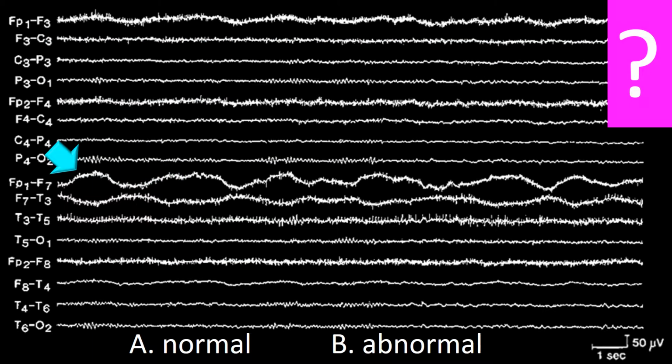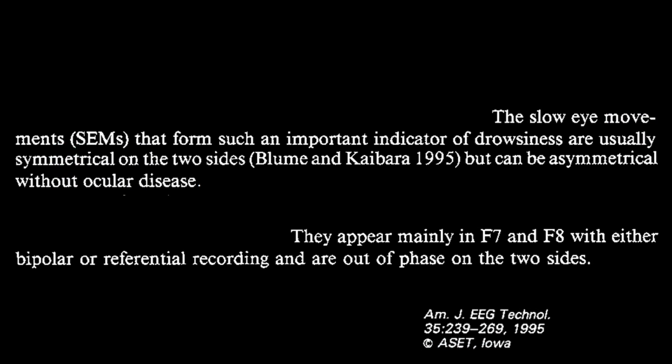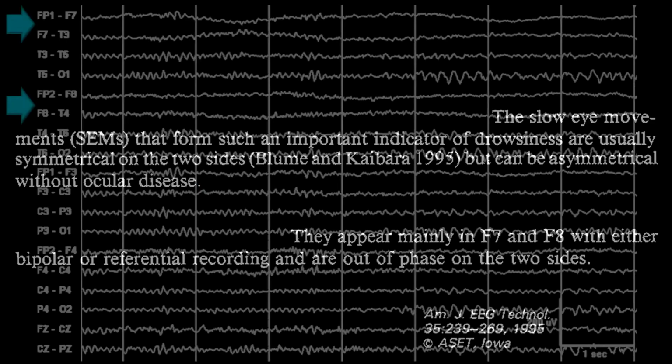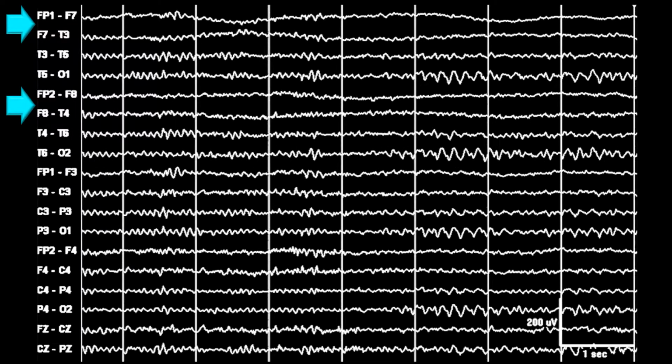Next question. Take a few seconds to look at this frame and decide whether the activity pointed by the arrow is normal or abnormal. Slow eye movements are usually symmetrical, but at times they are asymmetrical even without ocular pathology. Notice that they appear out of phase on both sides, but not synchronized between the sides.